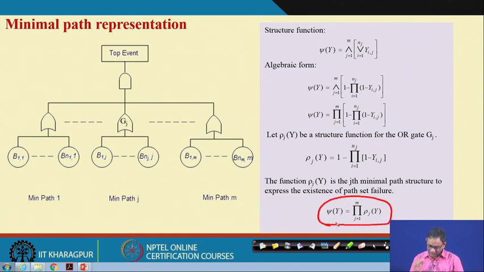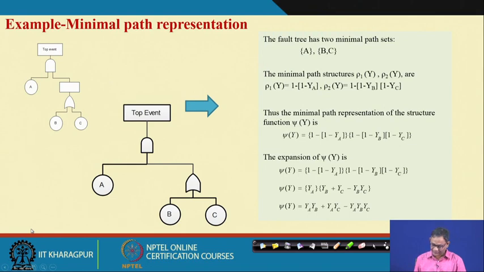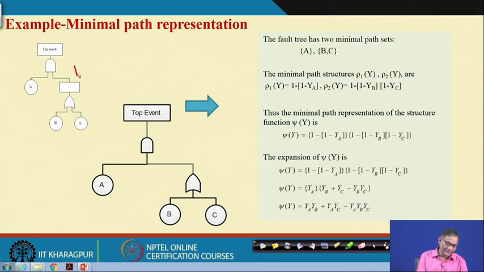Okay. So, using this analogy or this representation, we will see all those examples that we have seen for the cut set representation. So, let us see the first one. This is my fault tree, this is the path representation.